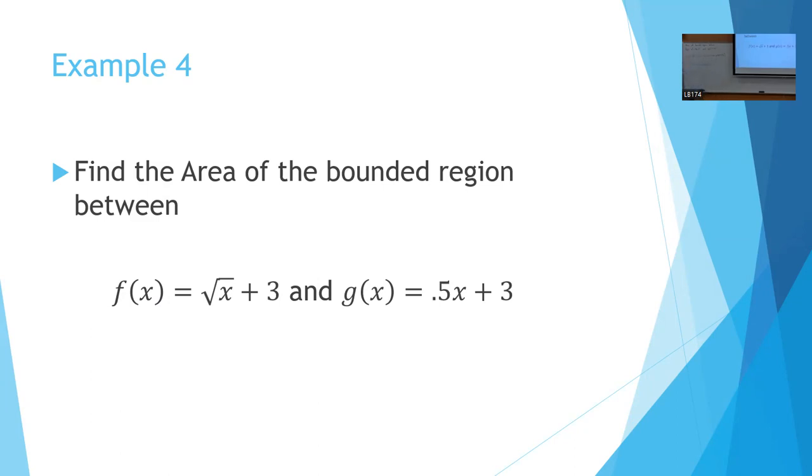I want you to try this one on your own. We have two functions here, f of x and g of x. We want to find the bounded region between those and then find the area of that bounded region.